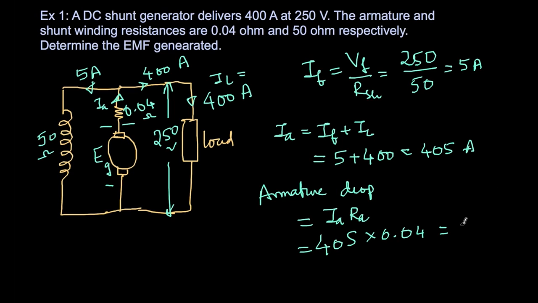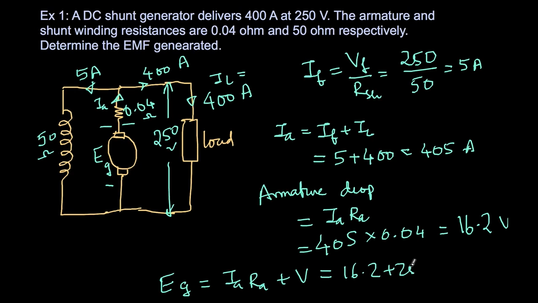Let me write that here, 16.2 volts. This 16.2 volts, which is IARA, will get added to V, the output terminal voltage, again by simple Kirchhoff's voltage law. Therefore I get 16.2 plus 250, which is 266.2 volts. This is the voltage generated by the generator. So this completes the first example.